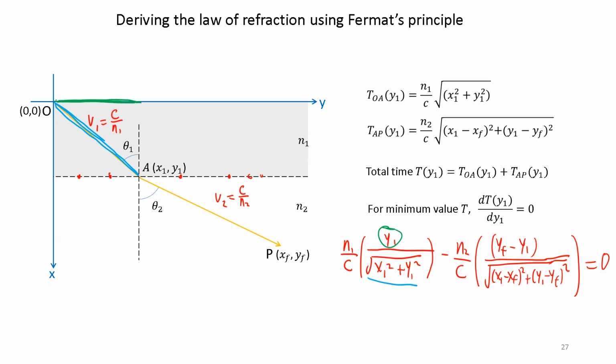So this whole thing is exactly our sine theta 1. And similarly, this one is our sine theta 2. So that is Snell's law, derived from believing that the light will always pick the quickest path.